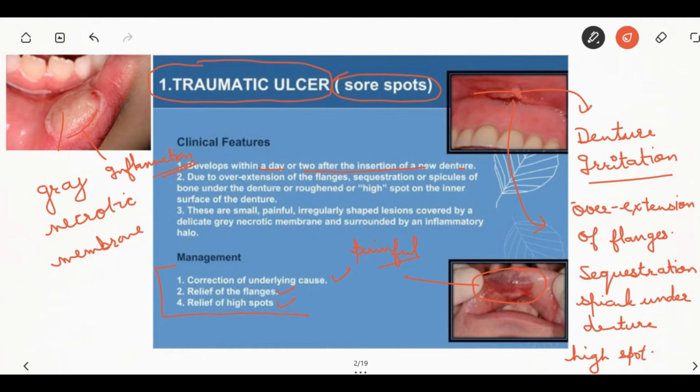We can correct them by giving relief to these high points. When the cause is removed, the ulcer will heal promptly.